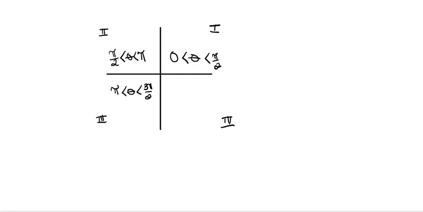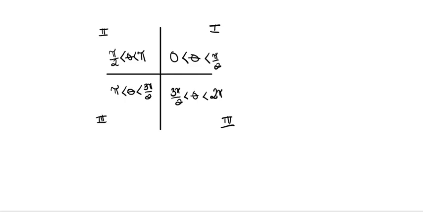And in quadrant 4, the angles would go from 3 pi over 2 to 4 pi over 2. So this is 1 pi over 2, 2 pi over 2, 3 pi over 2, and the last would be 4 pi over 2, but we don't write it like that. We write it as 2 pi. Not including 2 pi because that is an angle coterminal with 0, and it is on the positive x-axis.